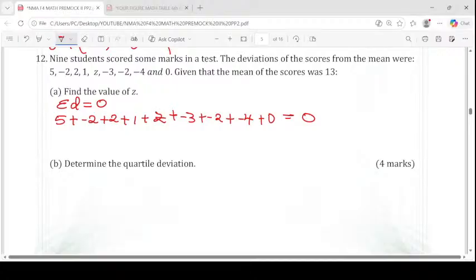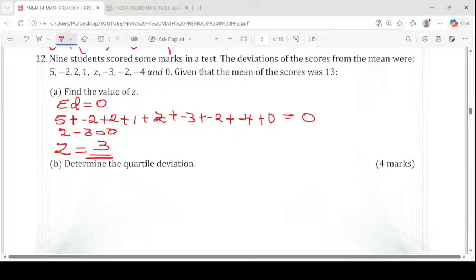So let us see. 5 plus negative 2 plus 2 plus 1 plus negative 3 plus negative 2 plus negative 4 plus 0 becomes negative 3. So z minus 3 is equal to 0. It means the value of z is 3.